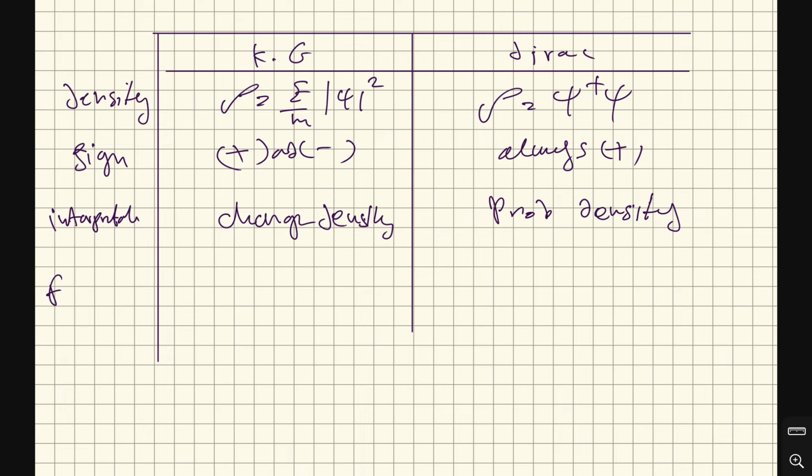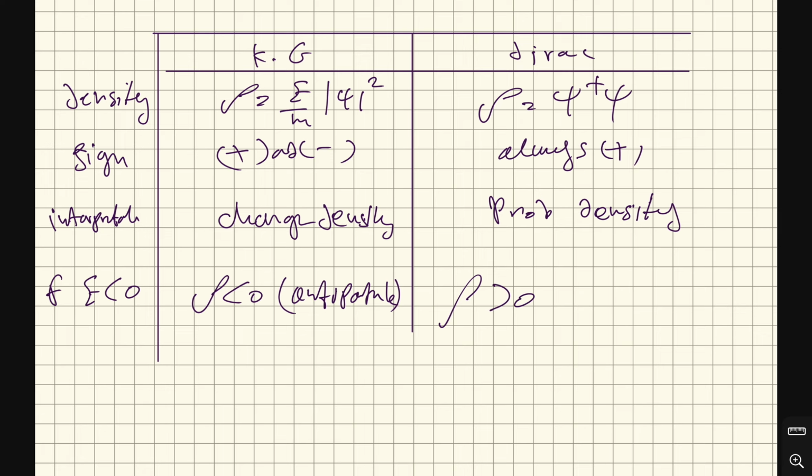Here for E less than 0, rho is less than 0, which is antiparticle, and here rho is greater than 0.